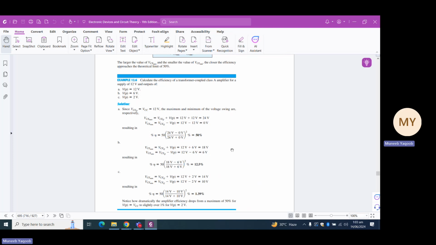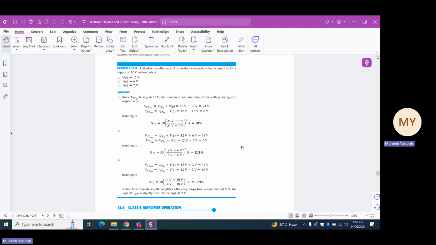So that is basically from my side everything regarding the transformer coupled class A power amplifier. What we learned in this topic is that a class A simple power amplifier is inefficient as compared to a class A transformer coupled power amplifier. Class A transformer coupled power amplifier can provide an efficiency up till 50% of the input power.